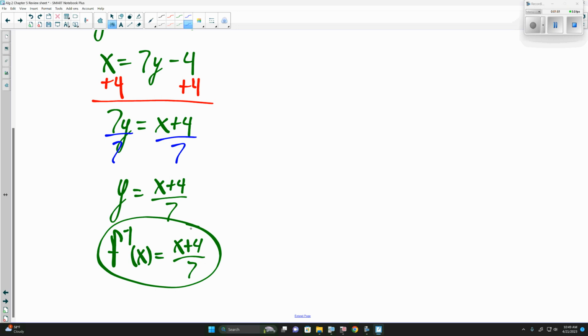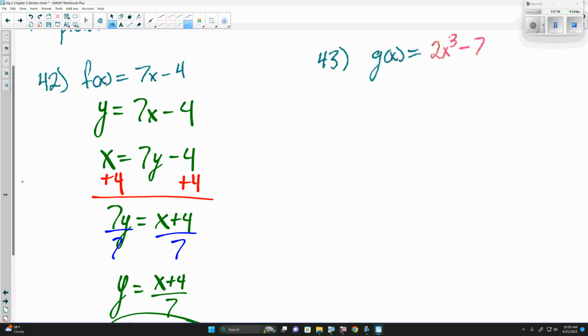Any questions about 43? So 43 is going to be similar to this here. So the first thing we would do with 43 is to replace g of x with y. Our next step would be to switch x and y, guys.